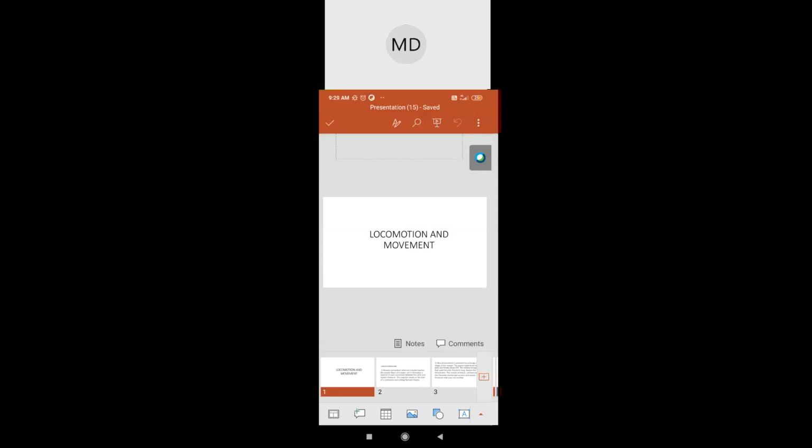Good morning, everyone. Raksha Adhikari. Today I'm going to give a presentation on the topic of locomotion and movement. Muscle contraction. When an impulse reaches the muscle fibers of a motor unit, it stimulates a reaction in each sarcomere between the actin and myosin filaments. This reaction results in the start of contraction and the sliding filament.